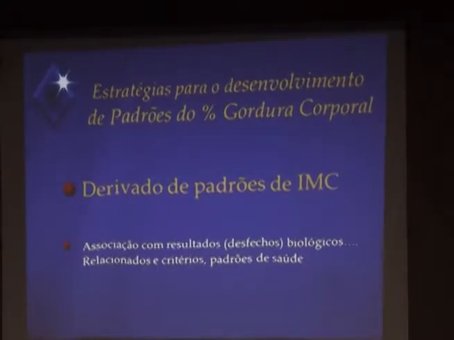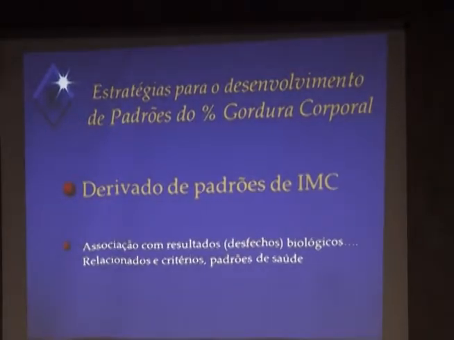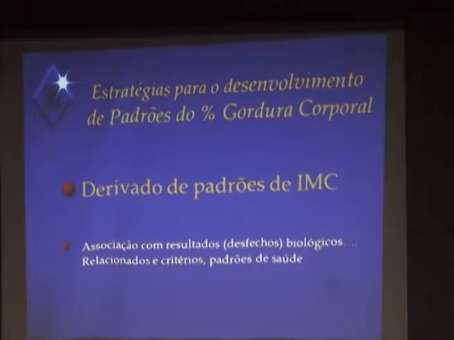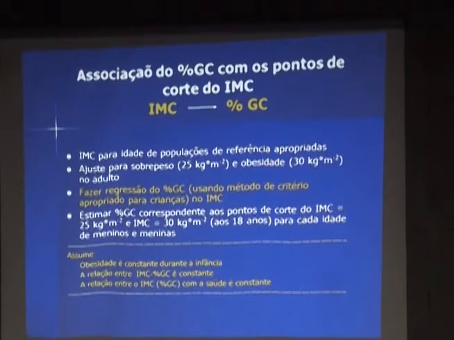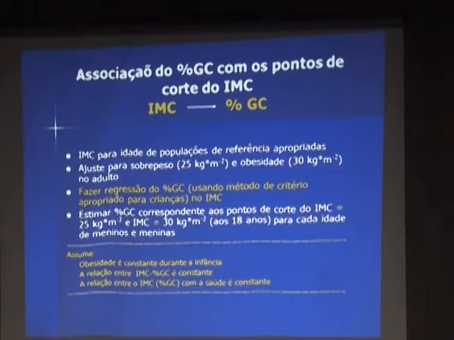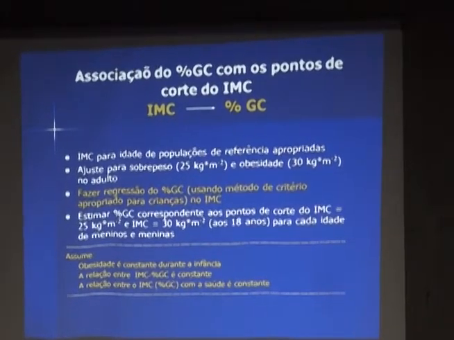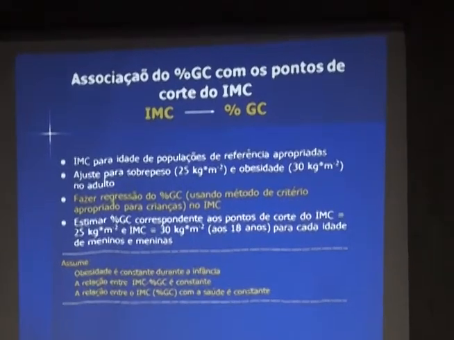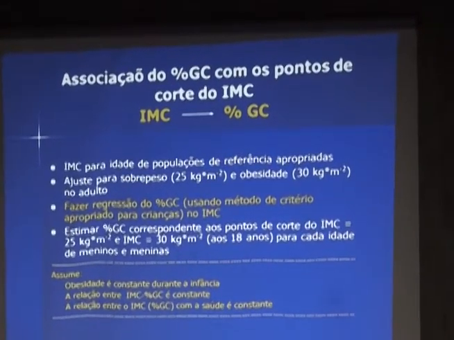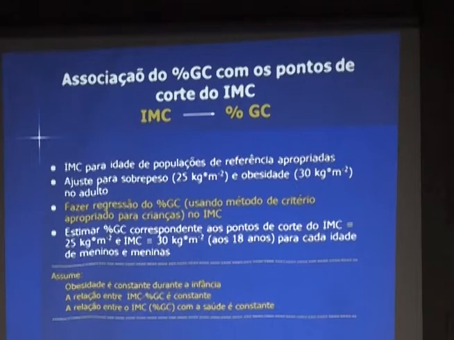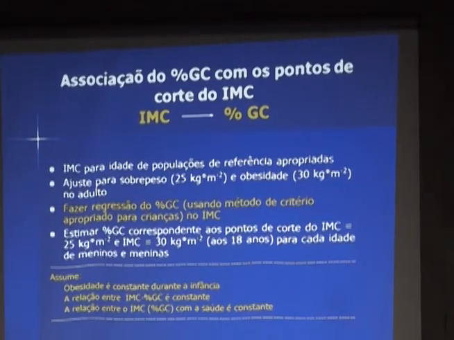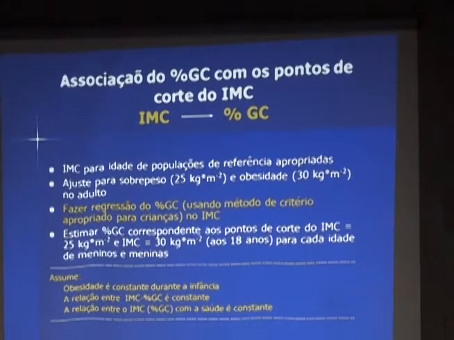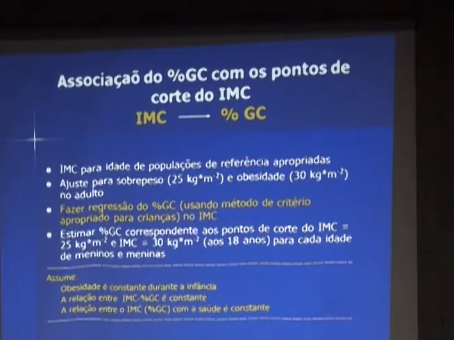Well, one way it's been done is to derive against BMI. What people have done is they've looked at the BMI standards for a given age, the definition of overweight and obesity, 25 and 30 in men if you apply the US or the World Health Organization standard.